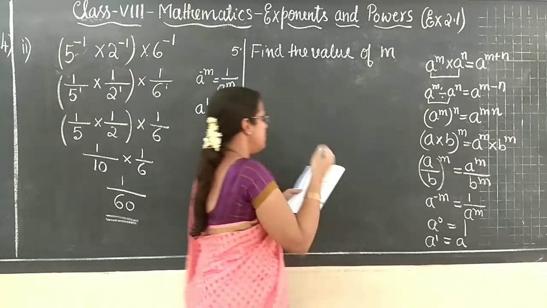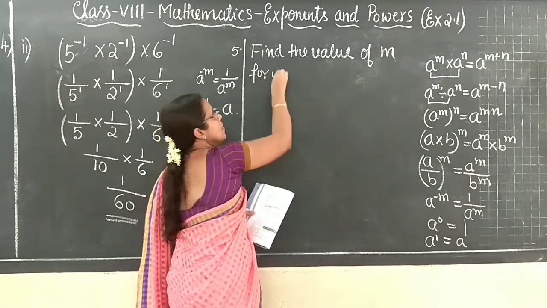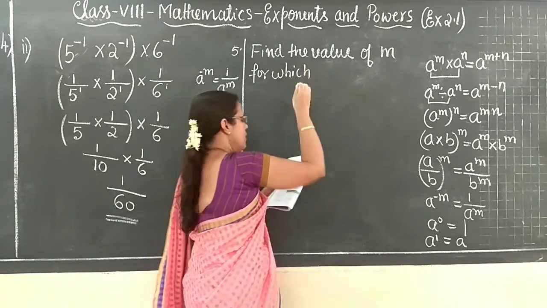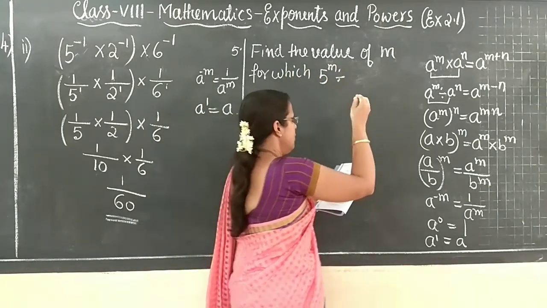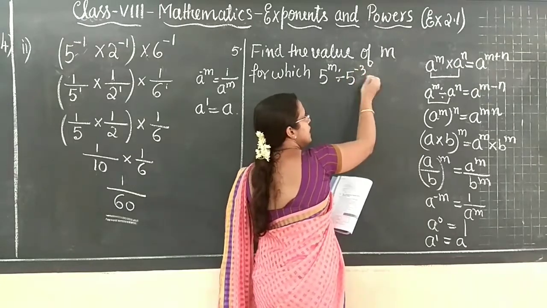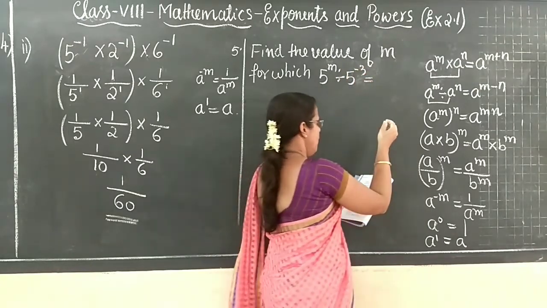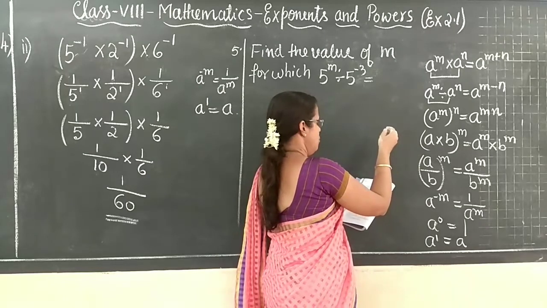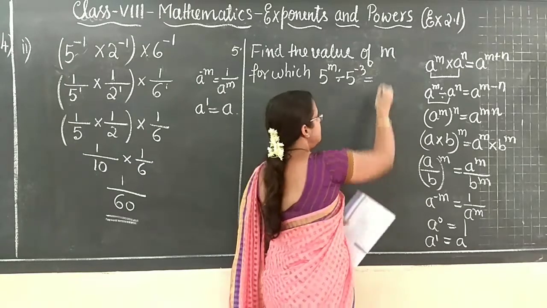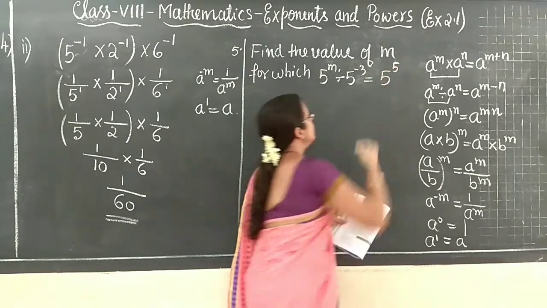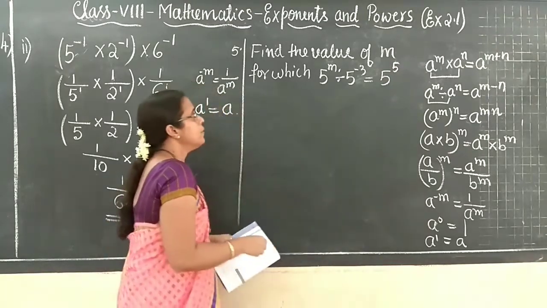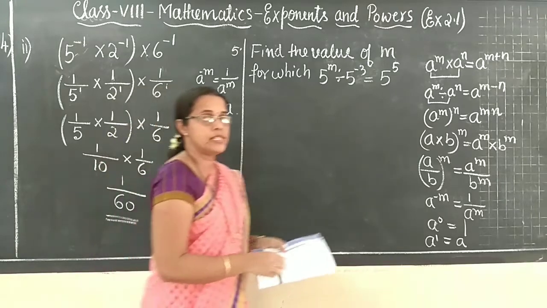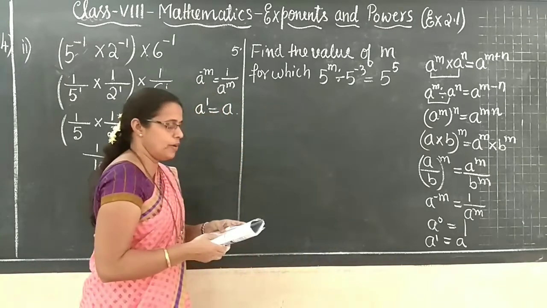Find the value of m for which 5 to the power m divided by 5 to the power minus 3 is equal to 5 to the power 5. Write it here: 5 to the power m divided by 5 to the power minus 3 is equal to 5 to the power 5.